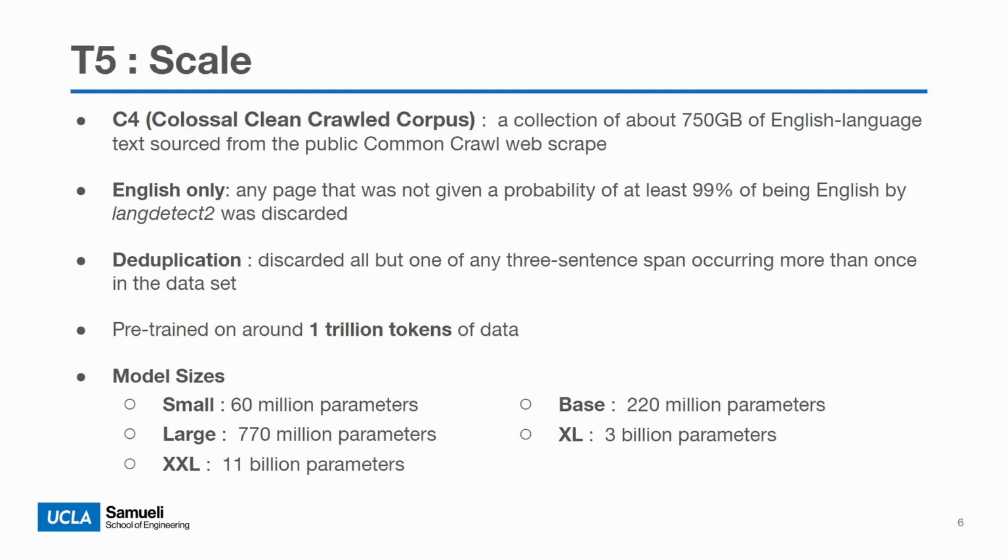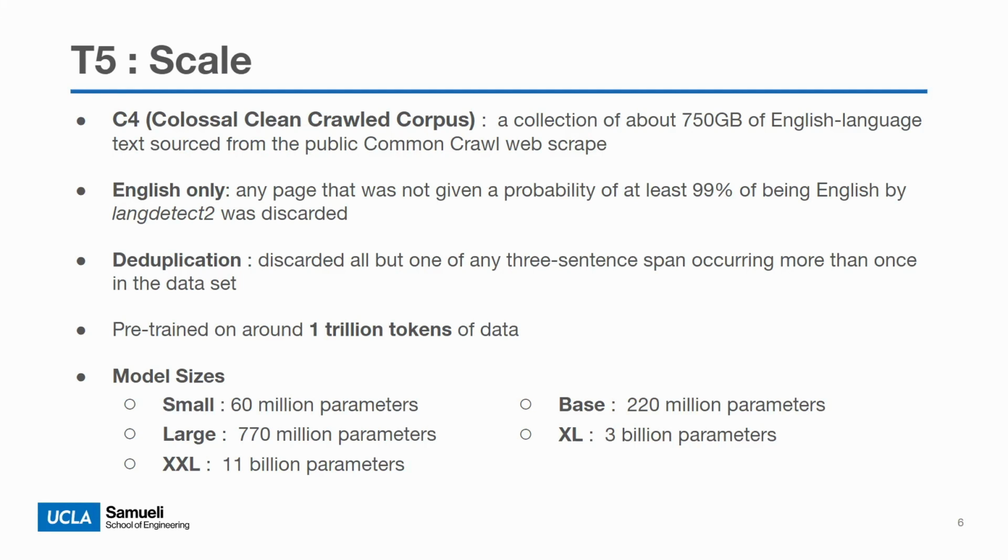They used different filtering techniques to get the right corpus for the training of the model, such as LangDetect 2 to identify English language text only, and deduplication techniques to filter out repeated text in the corpus. Post this, they got a filtered 750 GB of English language text, which had almost 1 trillion tokens, and they trained different sizes of the model for further fine-tuning usage.